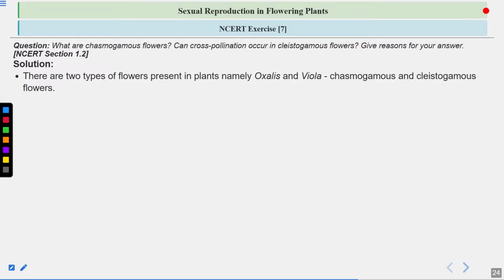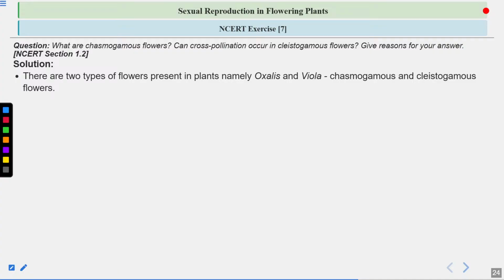There are some examples of plants that give two different types of flowers, chasmogamous and cleistogamous. So I got the name Commelina. Very good. The third plant is Commelina. And in the NCERT book, the figure given, which bears the two different types of flowers in the same plant, is from Commelina only.